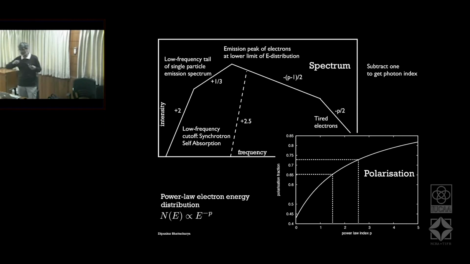So then you are averaging over particles with different synchrotron peaks, and therefore averaging over radiation with different degrees of polarization. So the net polarization comes down further. If it is very steep, then basically only particles very close to that synchrotron peak contribute. So you go closer and closer to that 80% result.